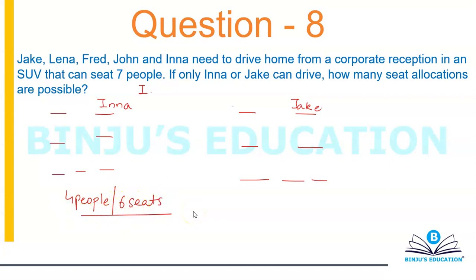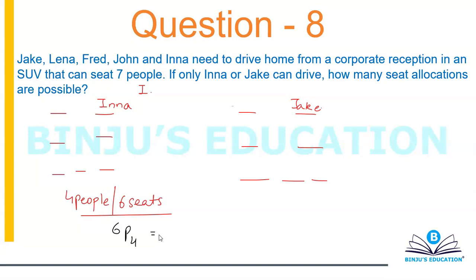It's a question of arrangement, right? So I have 6 seats and I need to arrange 4 people. If you want to do it with the formula, please go ahead. You can simply do 6P4. 6 seats are available. You need to ensure that 4 people sit on it. In how many ways can you arrange them?